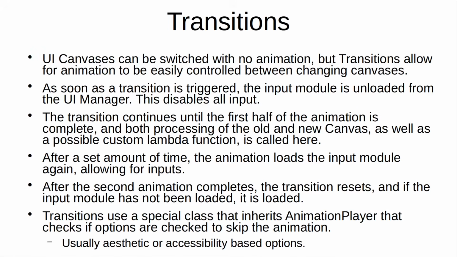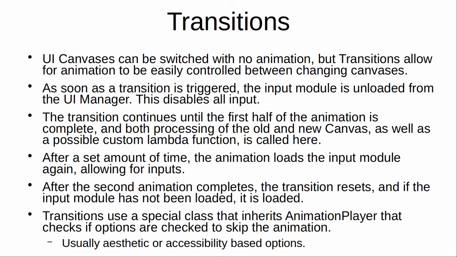And again, like I said, things are still always possible, but I like to design more intentionally, right? After the second animation completes, the transition resets, and if the input module has not been loaded, it is loaded at this time, right? So that way you're not just soft-locked.